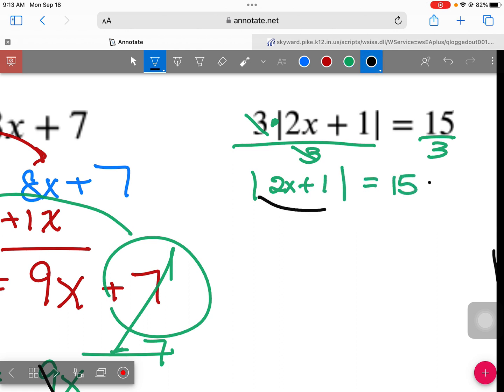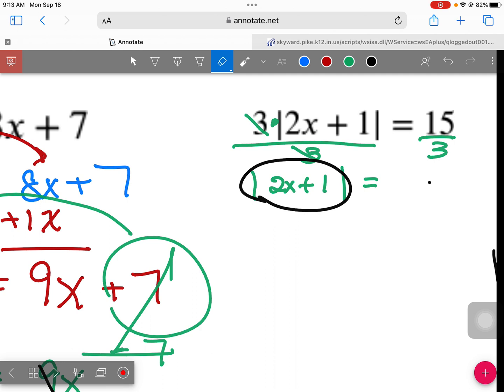So this expression is 15 away. Did I make a mistake? Oh, is it? It's 5? What? Oh, thank you, thank you. Give that man a sticker. Yes. Please remind me. My bad.